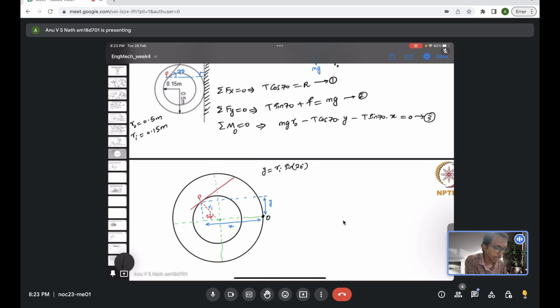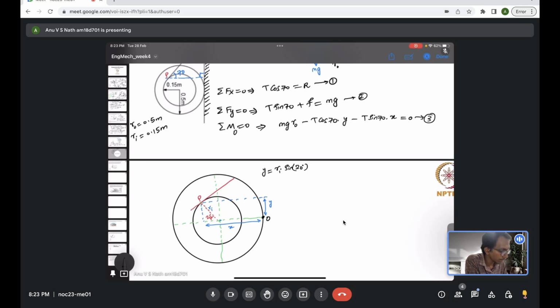Now the projection of R inner in the horizontal direction plus the R outer. Let me give a name to the triangle: let's say this is A and this is B. Let me repeat again. AP is R inner, the radius of the inner circle. Its projection along the vertical direction is BP. BP is equivalent to the vertical distance y we want to know. So that is why y is R inner times sine 20, which is the projection.